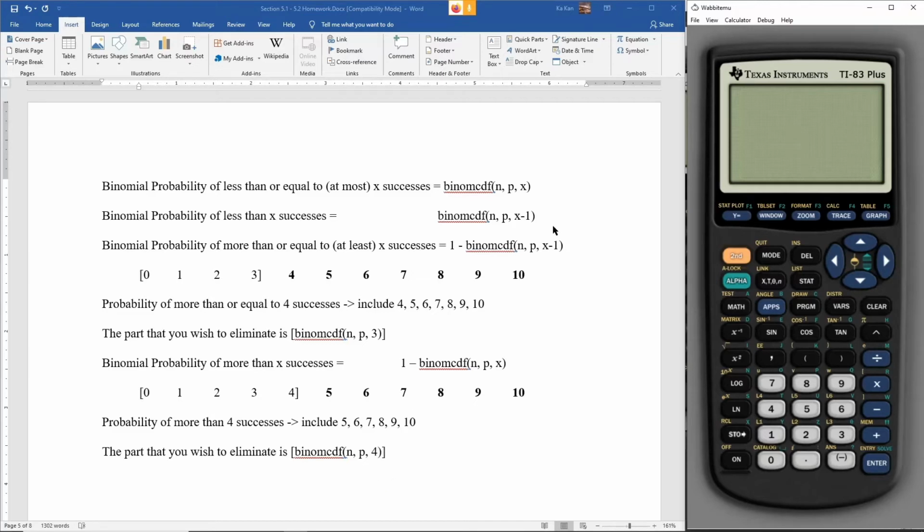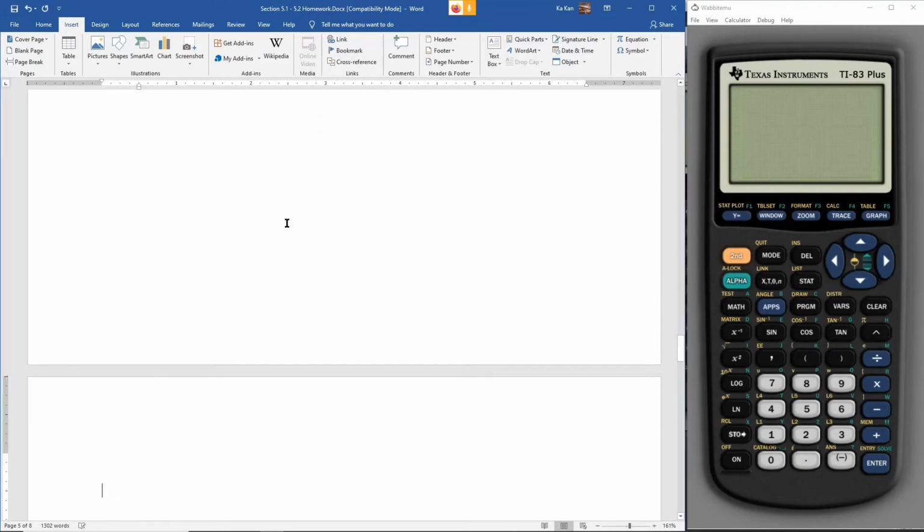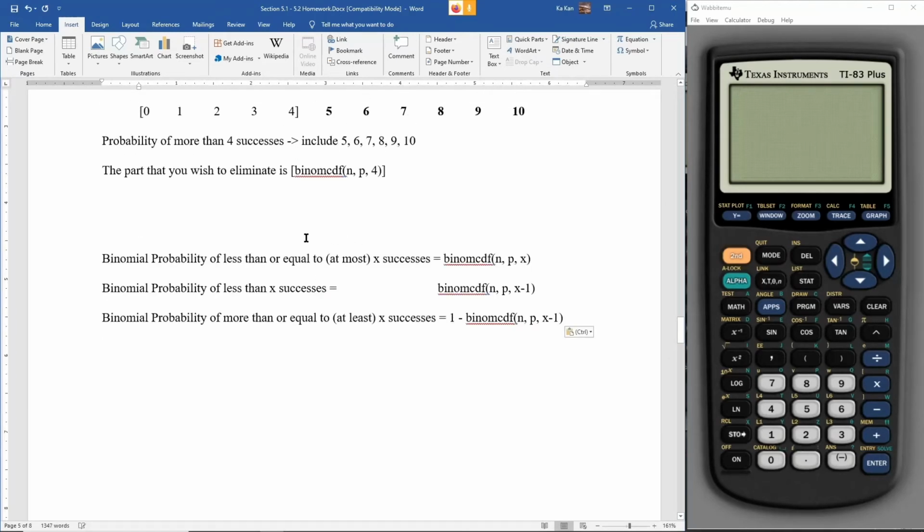So let me copy this here so you can see it. So we have a few different codes here. We also have binomial probability of exactly x successes, binomial PDF(n, p, x).